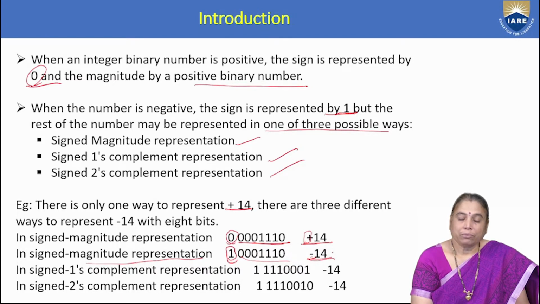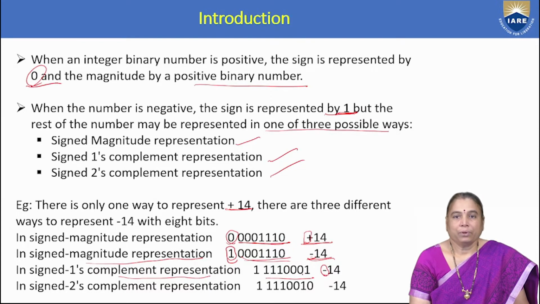In signed ones complement representation, the sign bit is 1 in order to represent the negative value, and the ones complement of 14 is taken as the magnitude. The ones complement can be identified by interchanging 0 as 1 and 1 as 0.